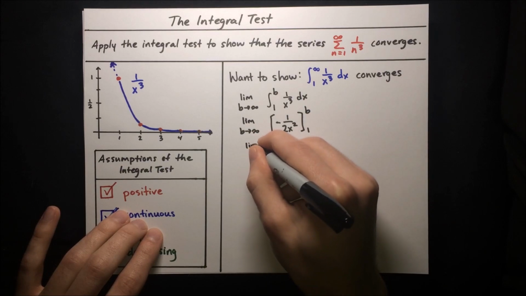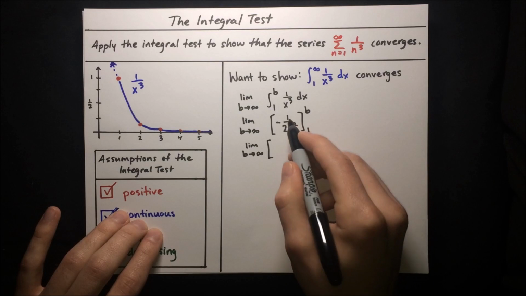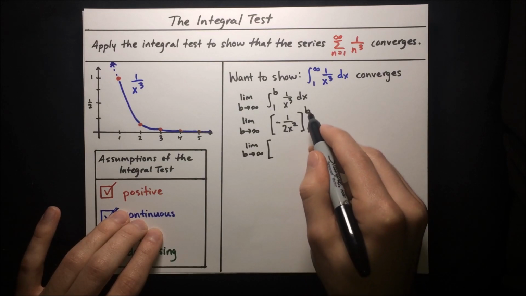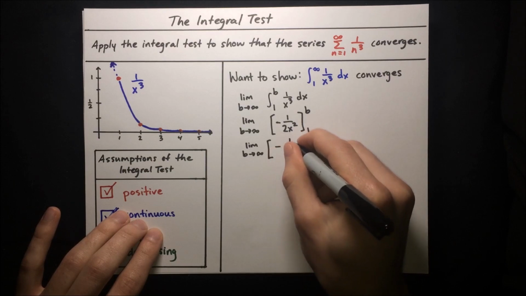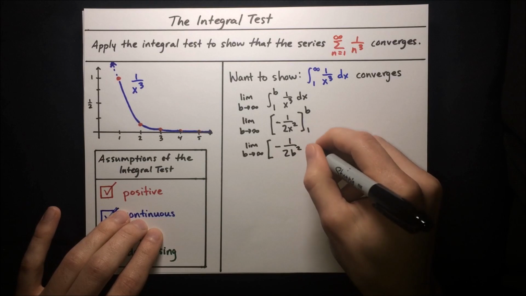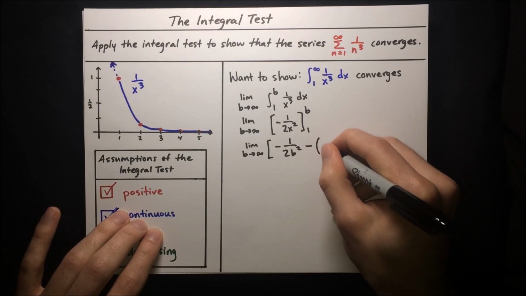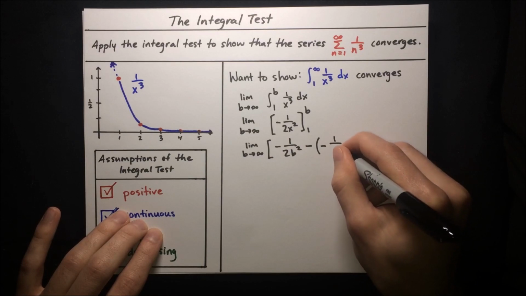Okay, so let's write our limit as b goes to infinity and evaluate it at our bounds. So evaluated at bound b, we have negative 1 over 2b squared, and then evaluated at 1, we're subtracting negative 1 over 2 times 1 squared, which is just negative 1 over 2.